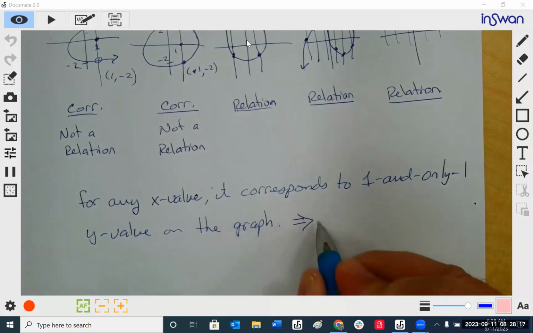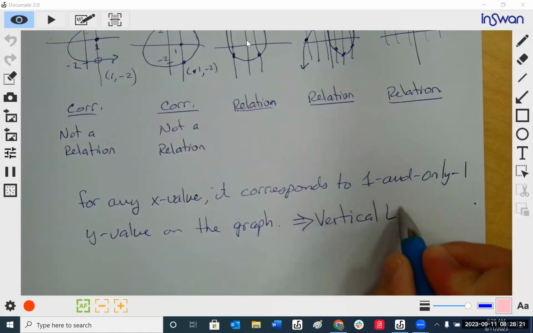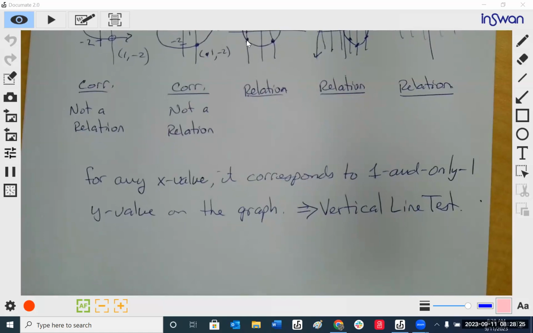We call this the vertical line test. If I give you a function or a picture and you draw vertical lines anywhere, will it cross the graph only once? If it does, then it's a relation. If it doesn't, it's not a relation, it's a correspondence.